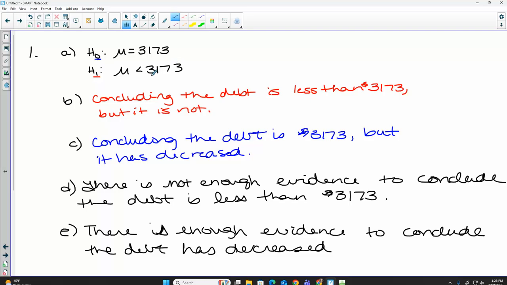My alternative was less than, or that the mean is less than $3,173. So you should be able to do that on the test. Very similar to the study guide. You should be able to write your null and alternative, labeling. You should be able to explain type 1 and type 2 error, and you should be able to write a sentence stating your conclusion in any scenario. Is that okay?